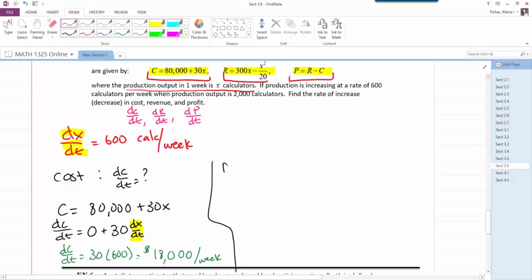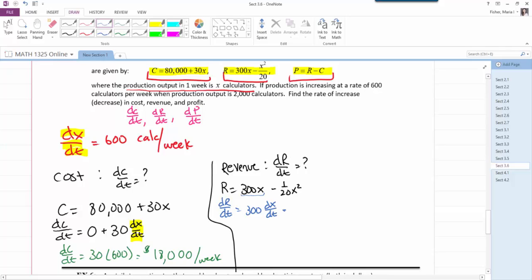Now recall revenue, dr/dt, and my revenue function is given as r equals 300x minus x squared over 20, another way of writing that is 1/20 x squared. Taking the derivative here, dr/dt is going to equal, well, the derivative of 300x is 300, and I just took the derivative of an x term with respect to time.